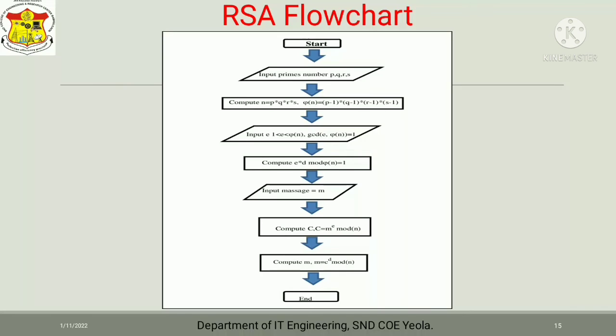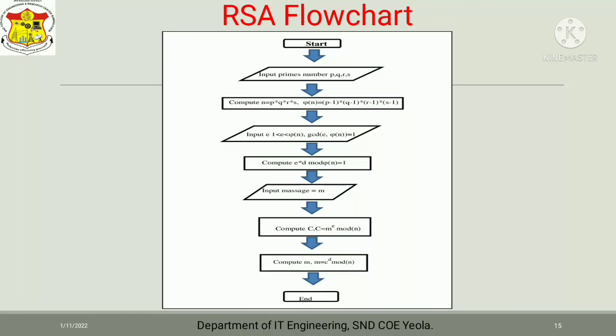And next step, choose the value of e. E is nothing but encryption key, that is public key. Choose the value of e in such a way that it lies in the range of 1 and phi of n, and it satisfies the condition GCD of e and phi of n equal to 1.